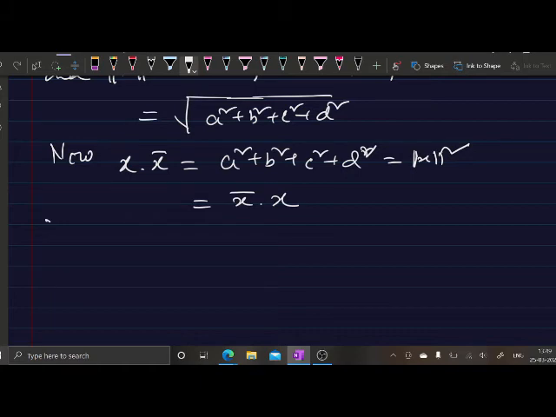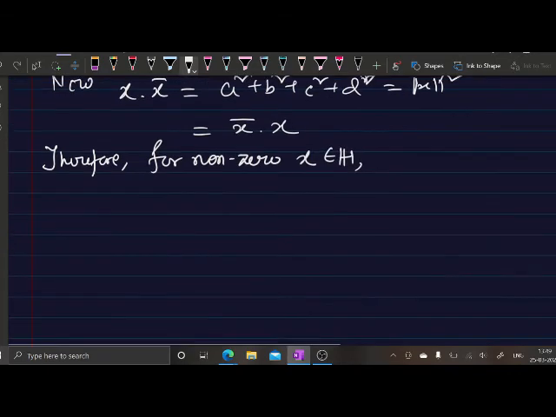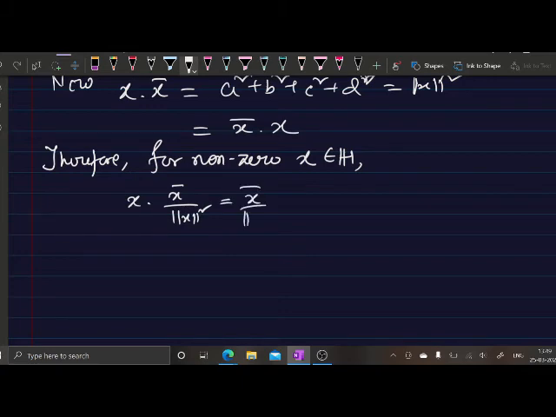So therefore, for non-zero x belonging to H, x dot x bar by norm x square, and x bar by norm x square dot x, is 1.